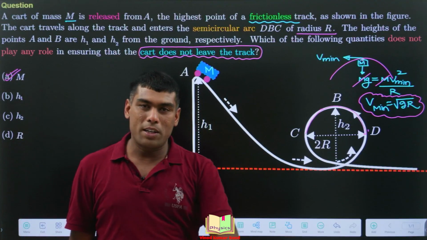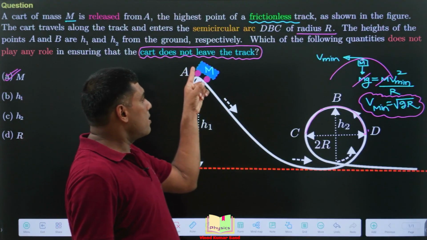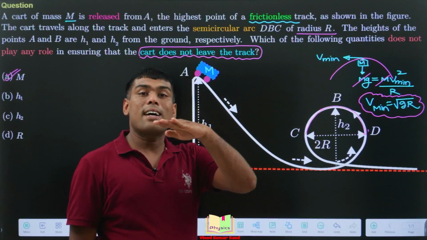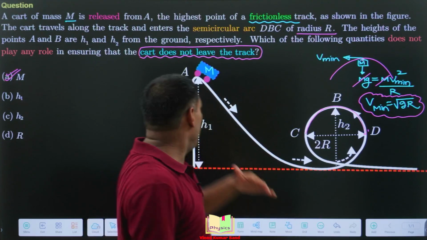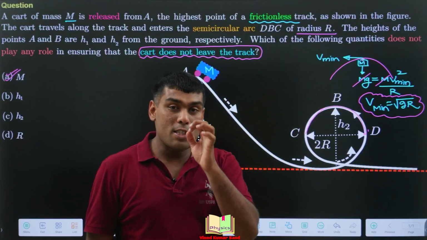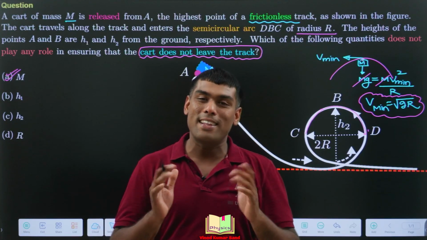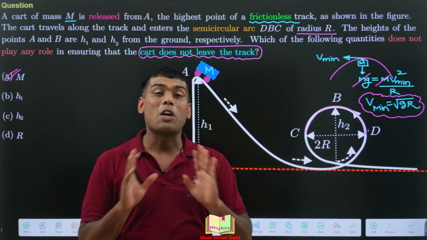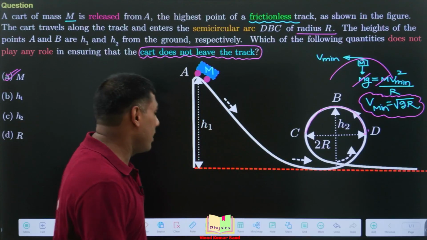But further I am deriving the things. When this cart is coming from A to point B, then the cart has lost the gravitational potential energy. Earlier the height was h1, now the height is h2. This loss in gravitational potential energy will appear as the gain in the kinetic energy, because the track is frictionless, there is no air resistance, so there is no loss of energy, means mechanical energy will remain conserved.